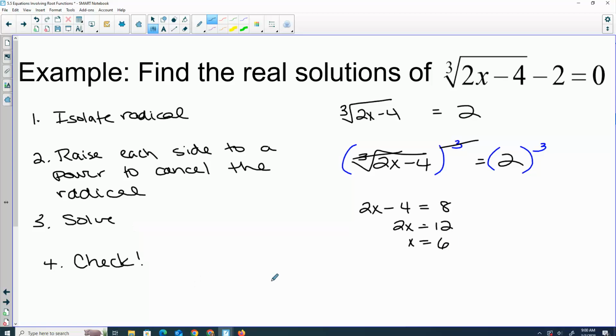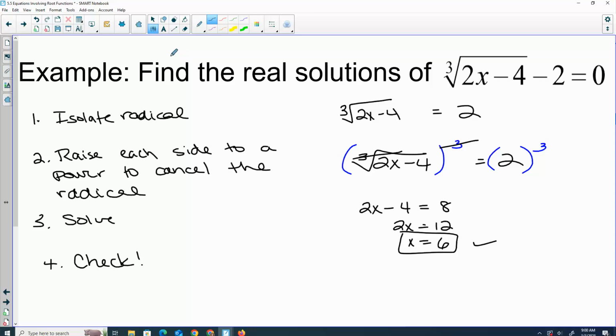So my rule is just check all of them. So you're just plugging it into the original. You don't necessarily have to show me work. You're welcome to plug it in on your calculator and check them. I don't care. If we put in a 6, that's 12 minus 4 is 8. Cube root of 8 is 2 minus 2 equals 0. So this one does check out. So 6 is our answer.